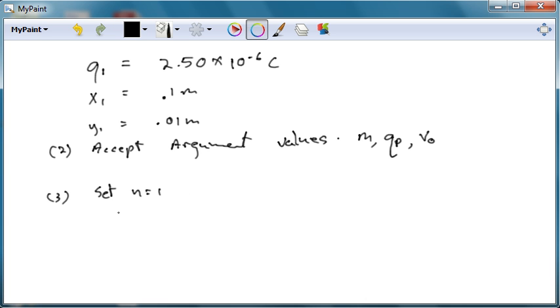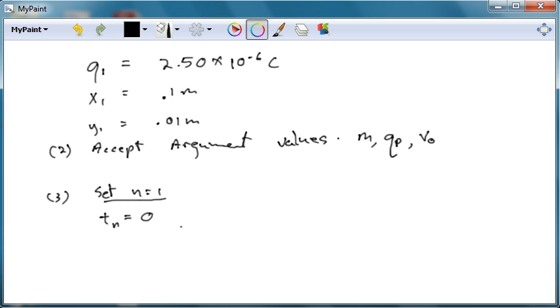Calc. What was the first thing? T0. That'll be with n equal to 1.